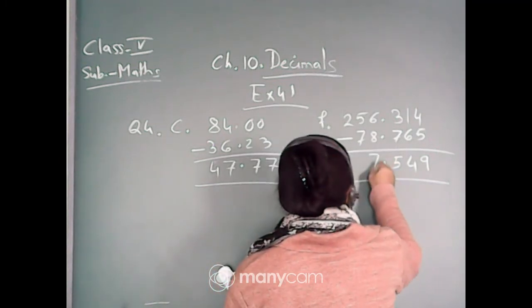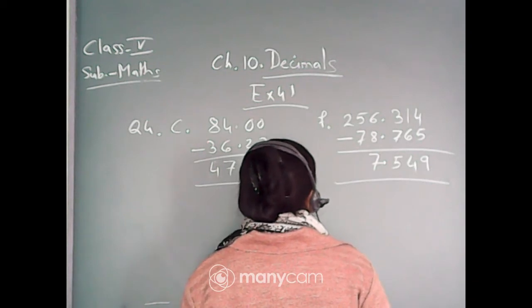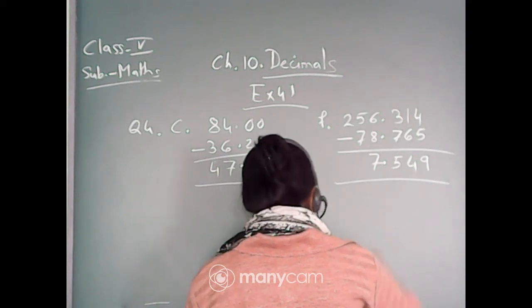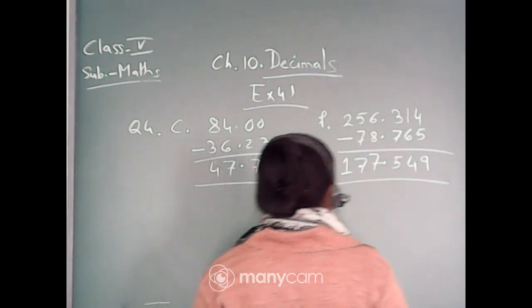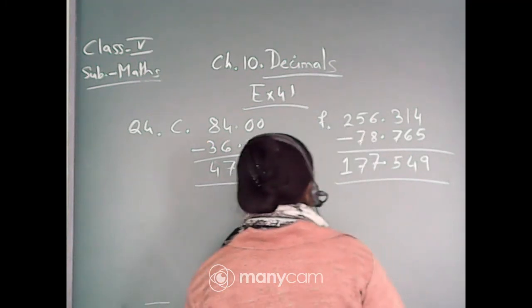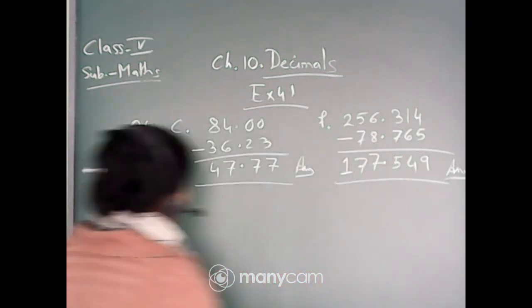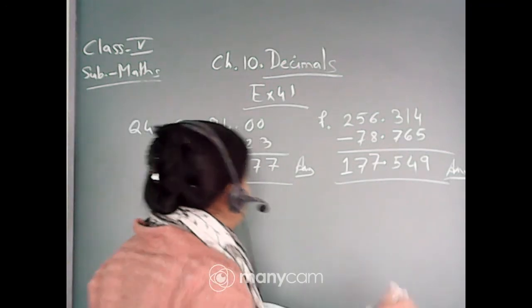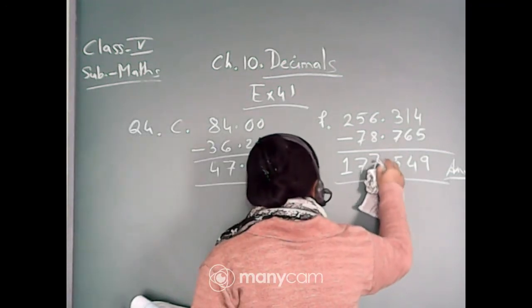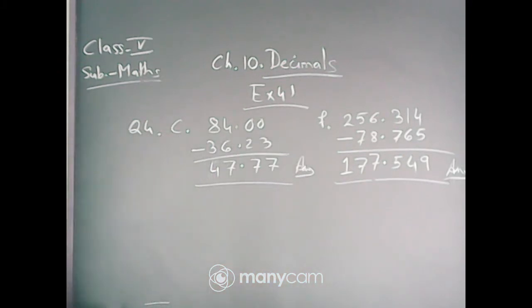This is 7, carry 1, 7 plus 1, 8, 9, 10, 11, 12, 13, 14 and 15. Again 7, carry 1, this will be 177.549. This is the number F. The other subtractions you can do on your own because all are very easy subtractions.